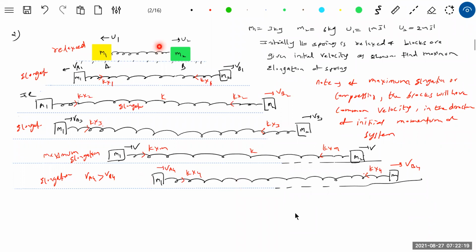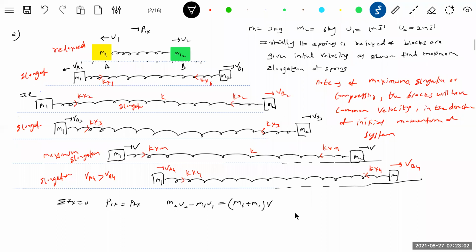But altogether, if they ask you just the maximum elongation, check the initial momentum. The initial momentum is towards right. So at maximum elongation or compression, both blocks must have a common velocity in the direction of the initial momentum. Can we calculate the maximum elongation? Yes, again the net force acting on the system is 0. So the initial momentum m2 u2 minus m1 u1 should be equal to (m1 plus m2) v.